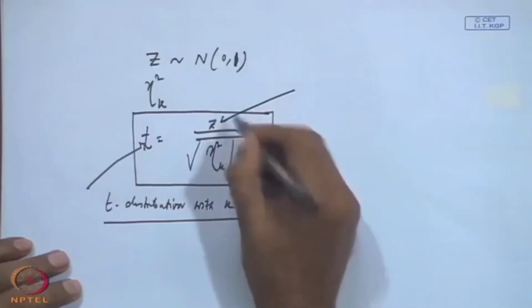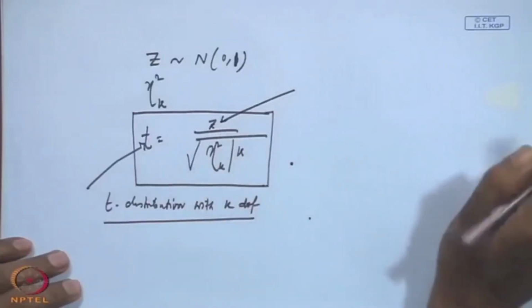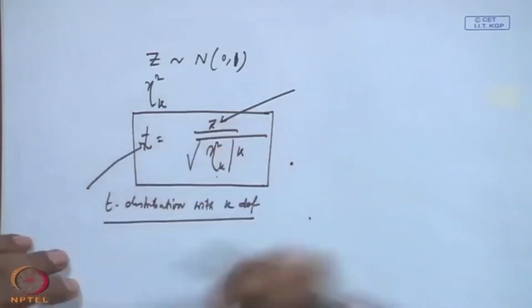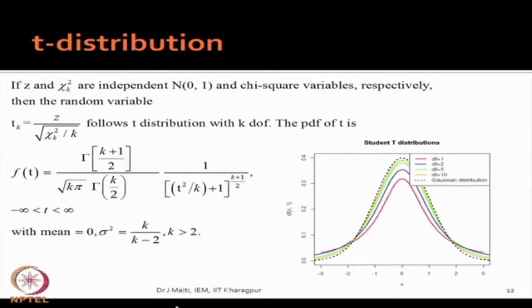See Z, what is the mean value of Z? 0 mean. So, that mean value divided by something, 0 is coming. So, what is happening here? The T distribution mean value is 0 and standard deviation value is square root of k by k minus 2, and k must be greater than or equal to 2. And you see in the diagram itself, the mean value is 0.